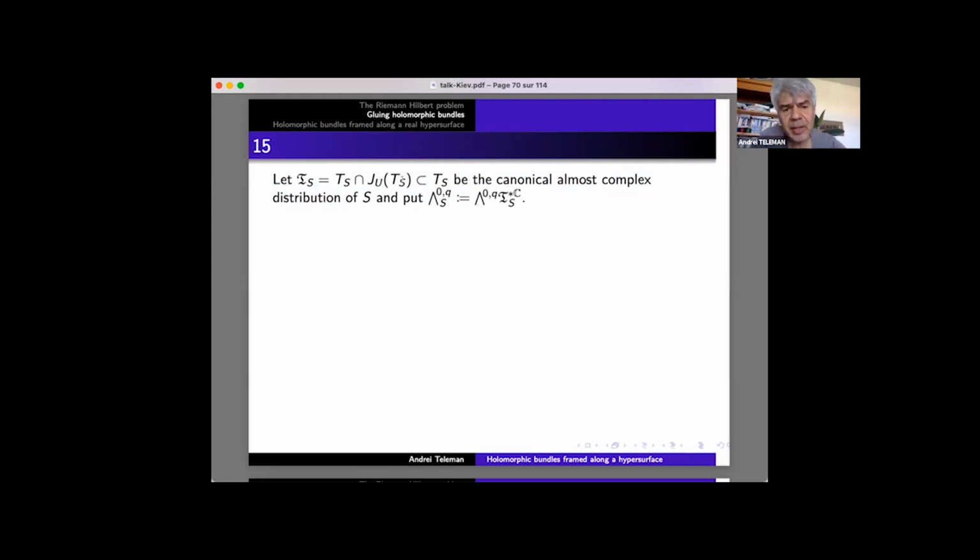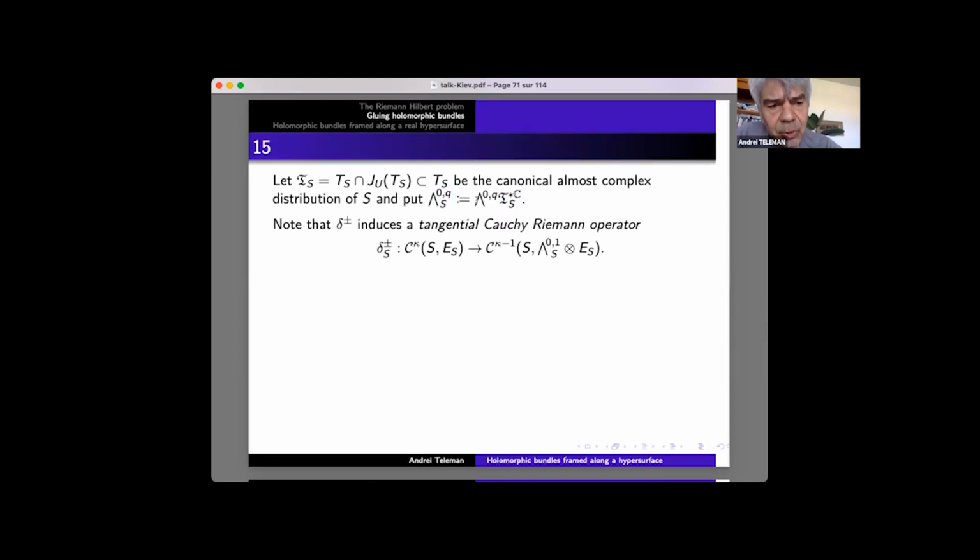And I define the bundles lambda 0q of S in the usual way. As soon as I have the complexified cotangent bundle of S, this splits naturally into subbundles associated to pairs of indices pq. I choose 0q.